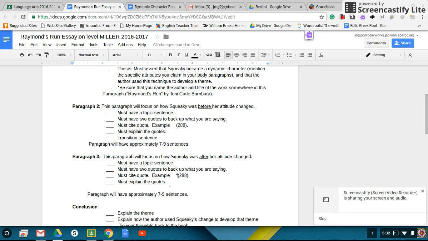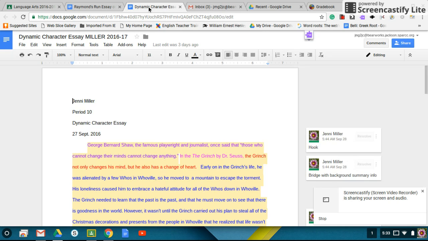If you were smart, you copied and pasted that back into your after organizer so that you had everything in one place. Otherwise, you just have up both documents, both the after chart and the evidence and elaboration chart. The paragraph should be approximately 7 to 9 sentences. And again, you want to work in transitions wherever it makes sense to place them to show how information is related.